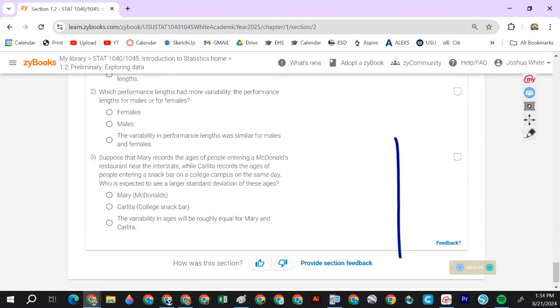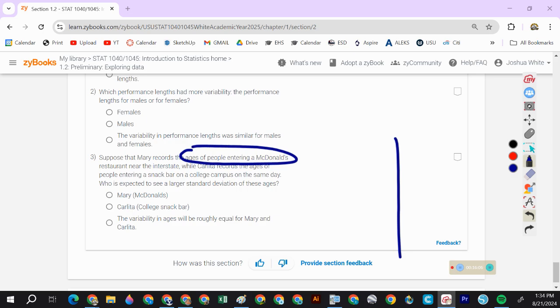And lastly, suppose that Mary records the ages of people entering McDonald's restaurant near the interstate, while Carlita records the ages of people entering a snack bar on a college campus on the same day. Which is expected to see a larger standard deviation? So we're looking at ages. So we're going to compare ages at McDonald's versus a college snack bar.